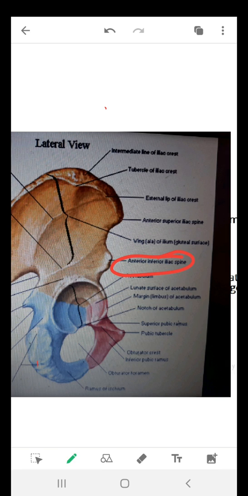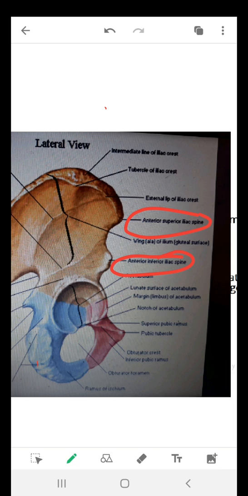Now let's talk about the function of the anterior superior iliac spine. For those of you that attended the lectures last time, remember I said that the anterior superior iliac spine serves for the attachment of the longest muscle in the body and probably the thinnest muscle in the body. It's called the sartorius muscle.